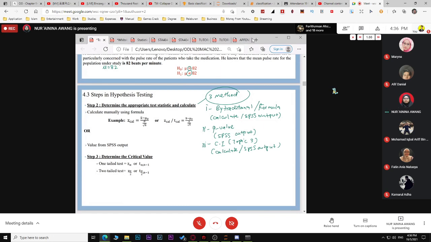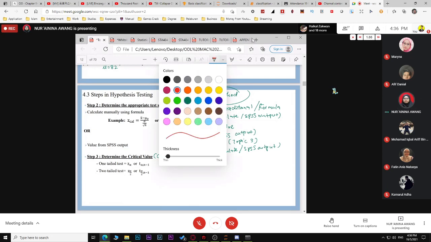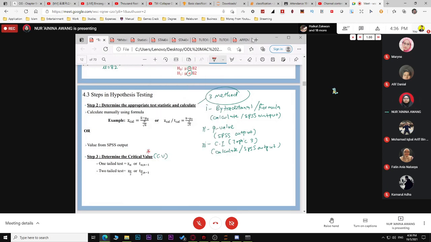And then step 3 is determine the critical value, your CV. Okay, so for CV, you need to find or determine the critical value if in step 2 you use by traditional or using the formula. Okay, barulah you kena find your critical value. Okay, if in the second step you use p-value or confidence interval, no need to find the critical value.